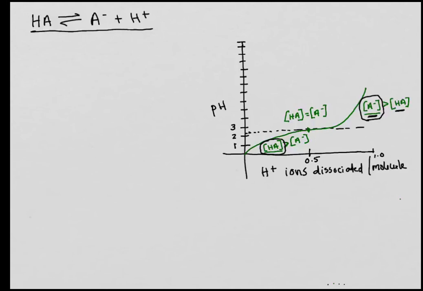If we want to look at an equation that would allow us to relate Ka and pH, this is something we can do. We know that Ka is equal to A minus times H plus, the numerator, divided by the concentration of HA in the denominator.